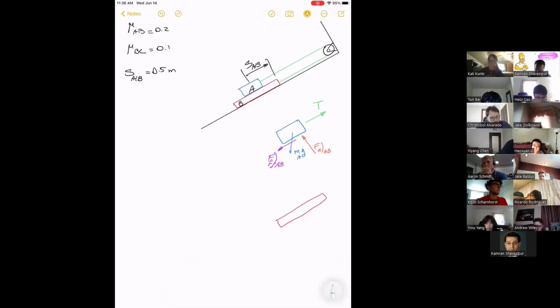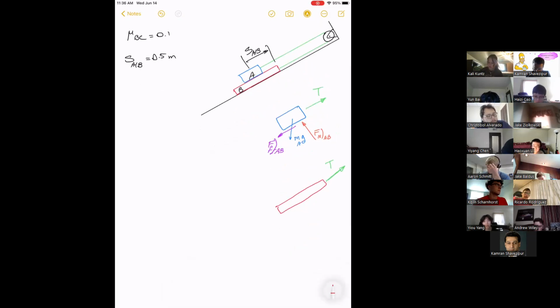Now we go to B. I'm going to start with the tension T. Tension T is going to be like this because, again, the cord can only tolerate tension. We have gravity. I'm going to do it with red because this is the red box. MBG.